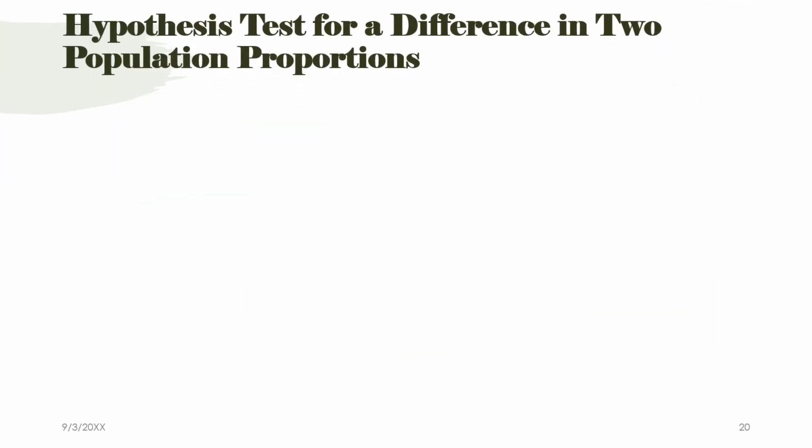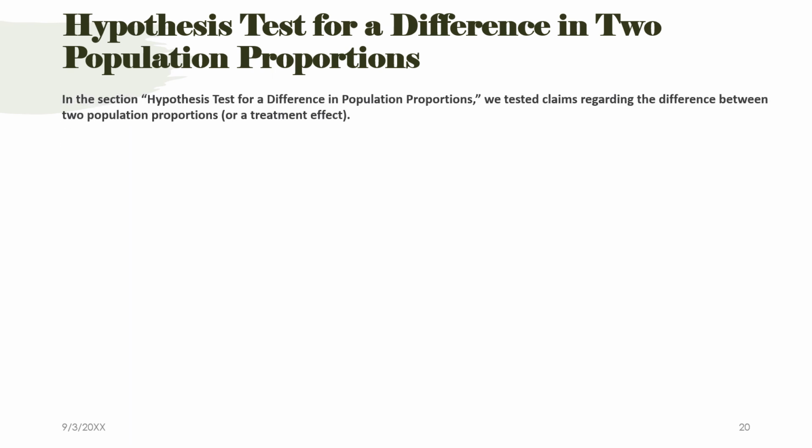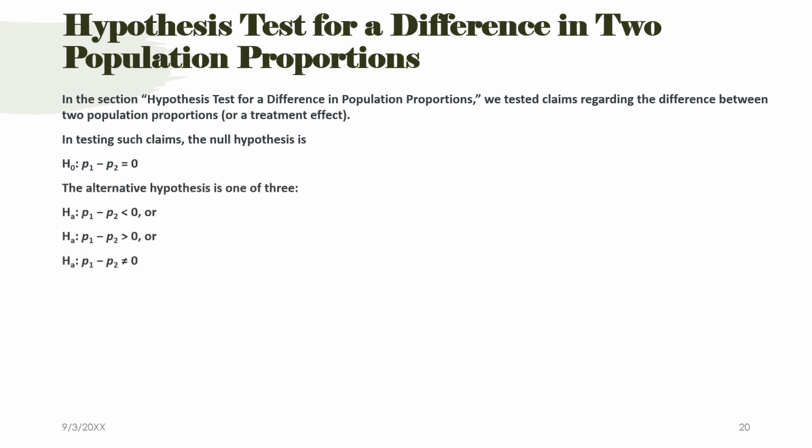Hypothesis test for a difference in two population proportions. In this section, we tested claims regarding the difference between two population proportions or a treatment effect. In testing such claims, the null hypothesis is stated, and the alternative hypothesis is one of three.